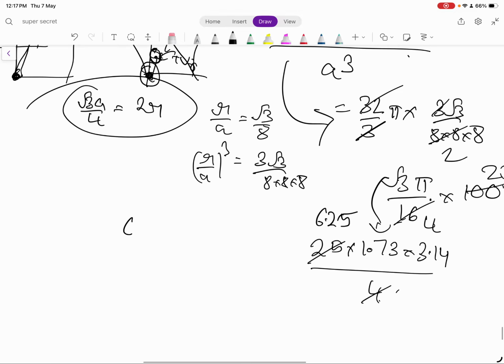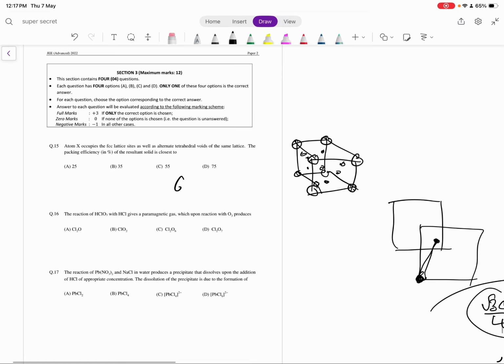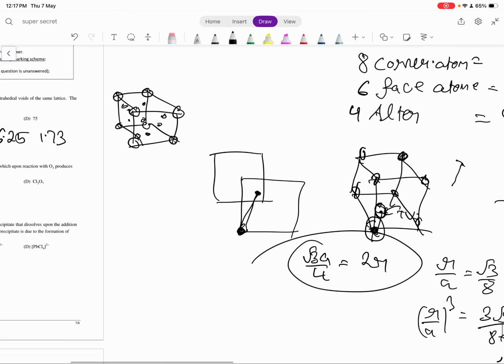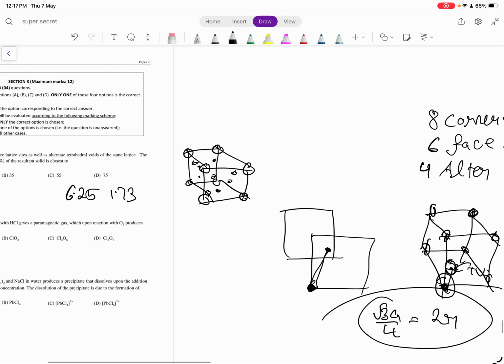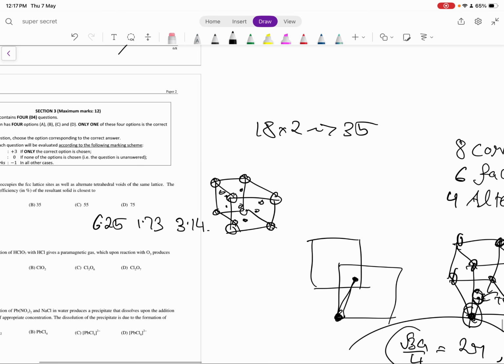So we have 6.25 into 1.73 into 3.14. So 6 threes are 18. 18 into 2 is approximately 35.